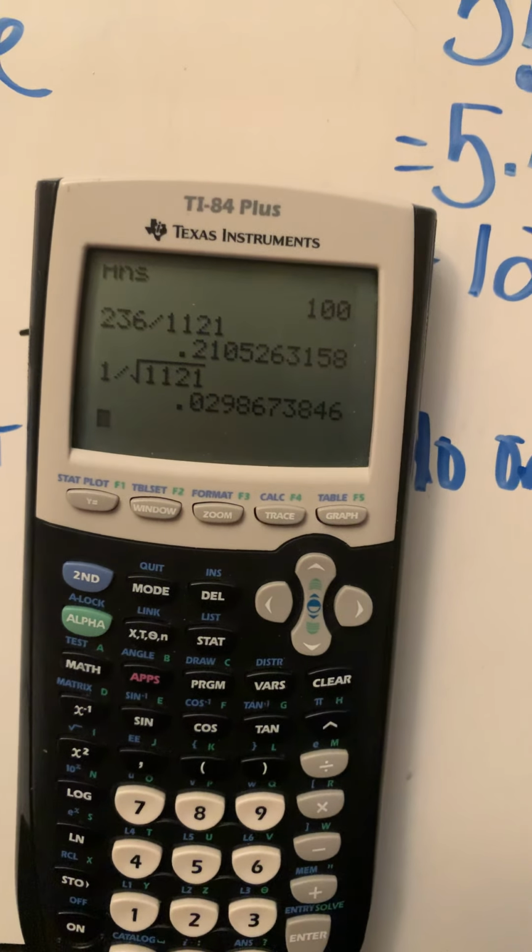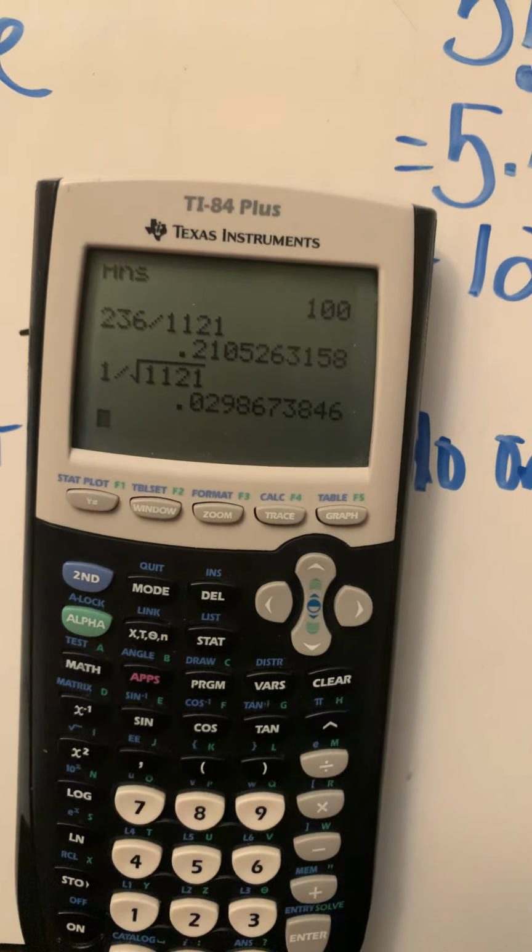On my calculator, some of you will have a PRB button or a probability button. This calculator has PRB. If you have these fancy calculators, all I did is hit math and go over to PRB. There's nPr, nCr, and look at that, there's factorial.